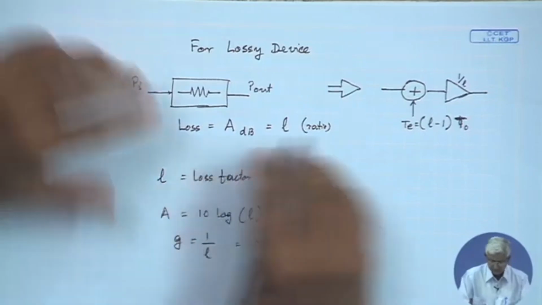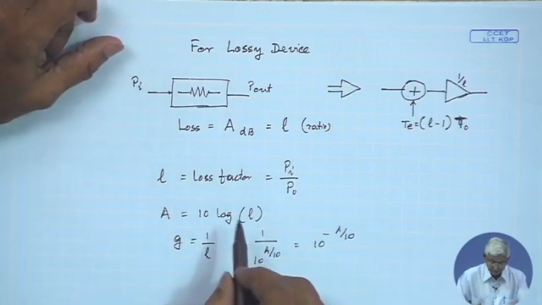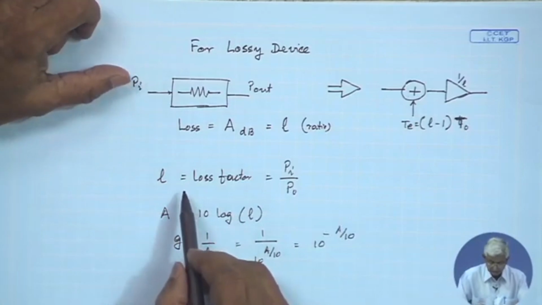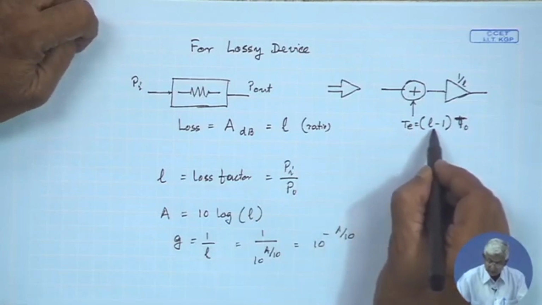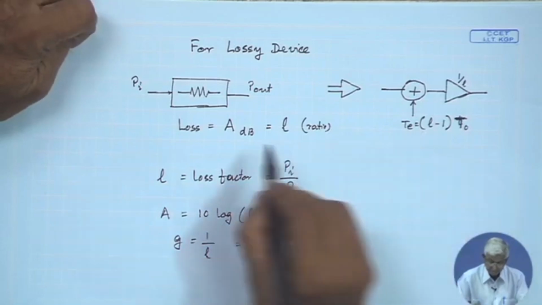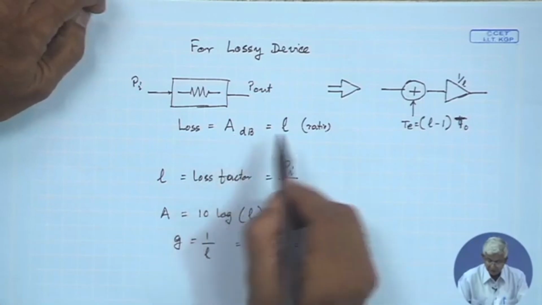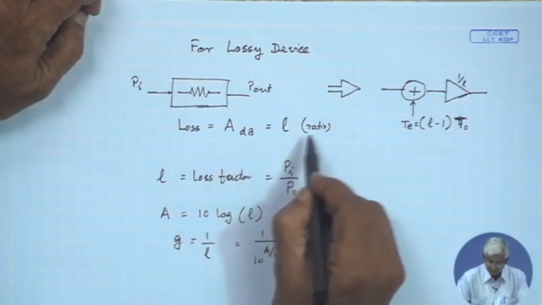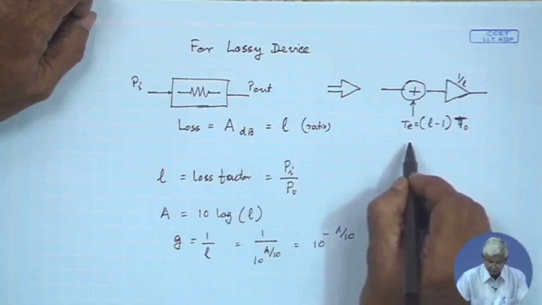There are various ways you can represent the whole thing. The issue I am trying to point out is that when we go into the temperature, we should use a number which is a ratio, not in dB. Attenuations are defined in terms of dB many times, so convert into a ratio number, and then go into the noise temperature calculation.